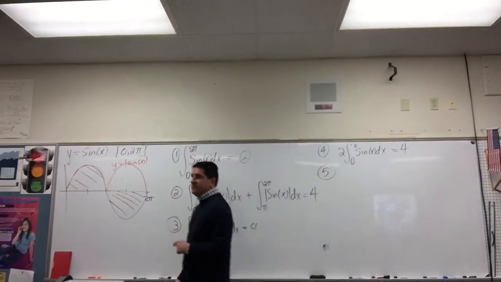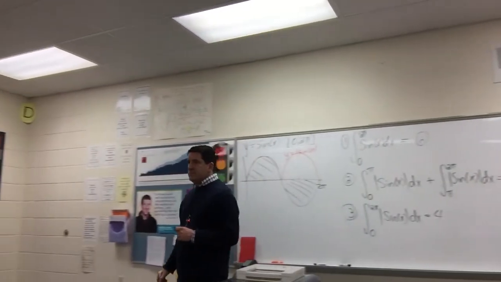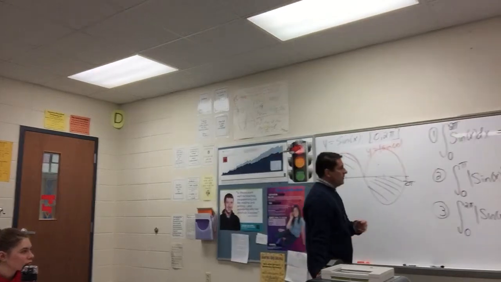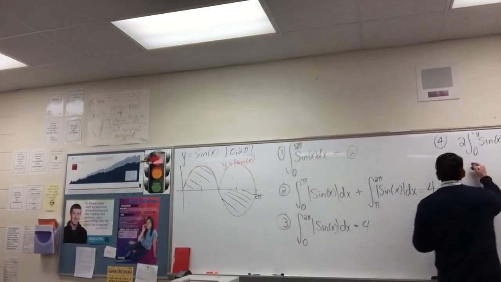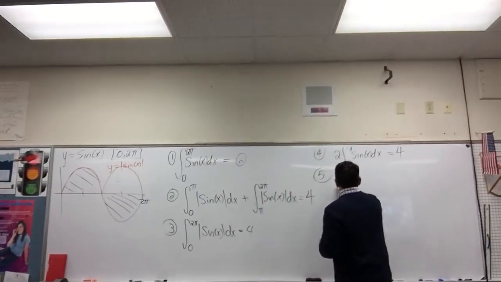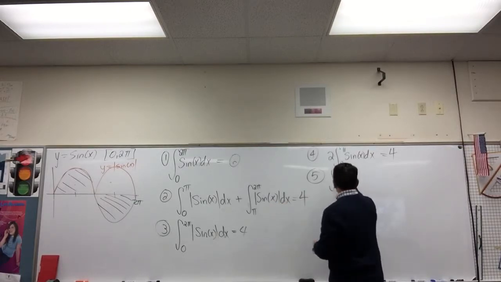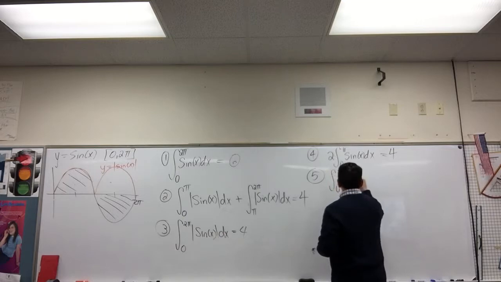Give me another one. Just like number 2, but instead of the absolute value around the sine of x, you put it around the whole integral. Okay. So that's a good question. Same exact one as number 2, but you put the absolute value on the outside of the integral. Okay.